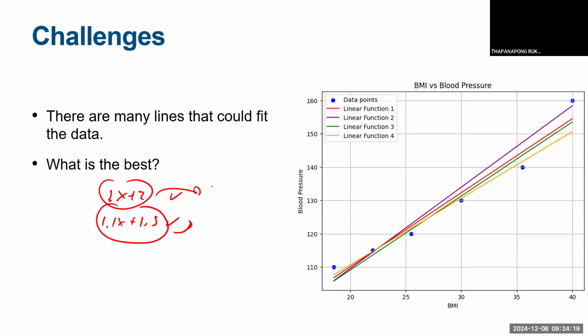Maybe this will give a 0.5 score, this will give a 0.4 score, and then you pick the best score. So we need a way to score it, and we actually have some idea: the distance between the point and the line.